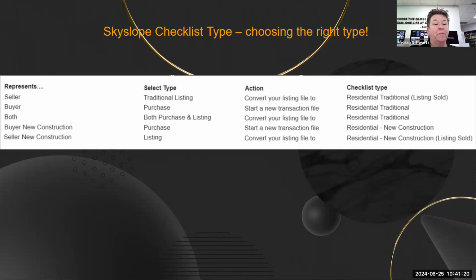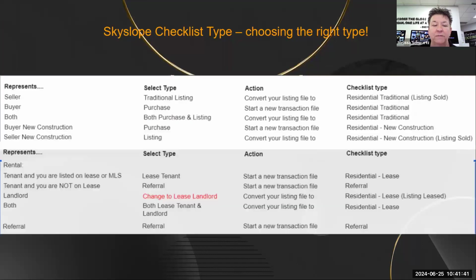If you are doing buyer new construction, doing a purchase, you would start a new transaction file, which is residential new construction. As far as I know, none of you are representing builders, although we have had that in the past. That is where they would use the seller new construction. Most of you would be doing buyer as a buyer new construction, not representing the seller.